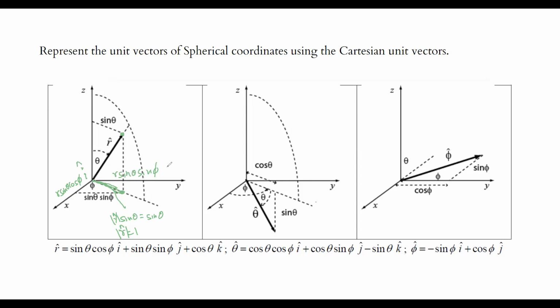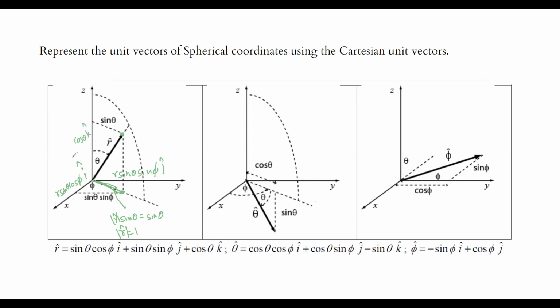Along the j hat direction, we have r sine theta sine phi magnitude. And once we take the projection along the z axis, we have r cos theta, right?